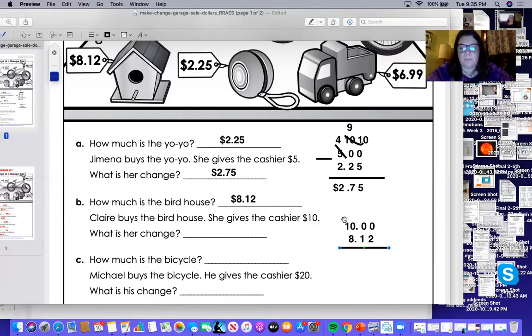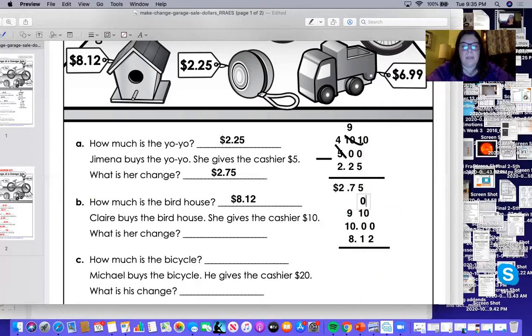Gonna have to regroup one of my dollars. I'm sorry, it's hard to cross this out, so just know that I've crossed this out. Now I have $9. And now I have 10 dimes over here. So now I can take one of my dimes.